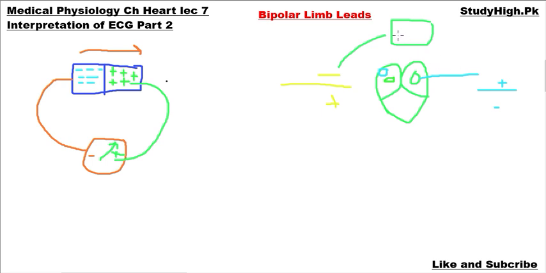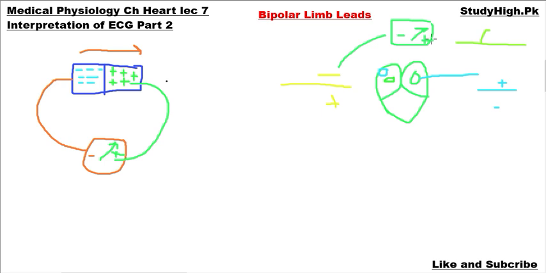The negative terminal of the voltage meter is connected with the negative and the positive terminal with the positive, and a positive deflection will be shown by the electrocardiographic meter, as I have explained in detail in the previous lecture. On our recording paper, a positive deflection will be represented.